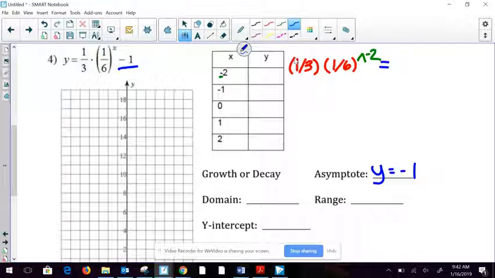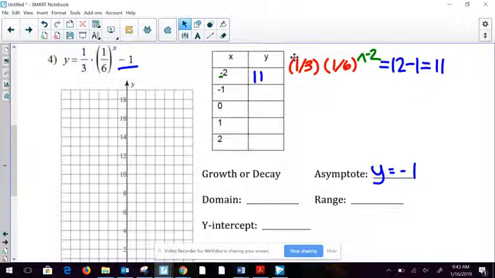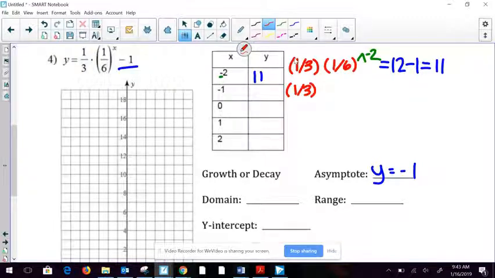And what do I come up with? Good, I come up with 12. Now I got a minus my asymptote equals 11. So 11 is my first value. Now I go back. Parenthesis, 1 divided by 3. Parenthesis, 1 divided by 6. Parenthesis.